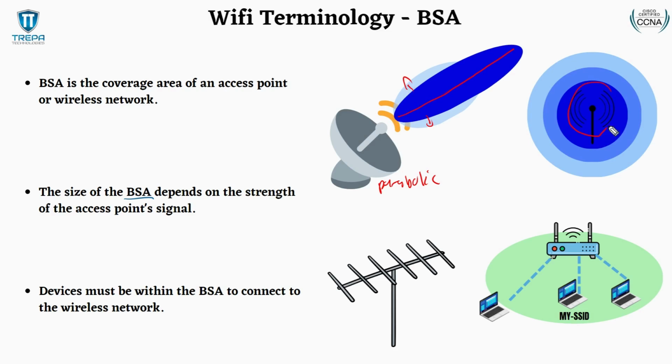And then with an omnidirectional antenna, within this 360 degrees, right? I should put a 0 up there. If you have 0, 90, 180, 270, and then 360, right?